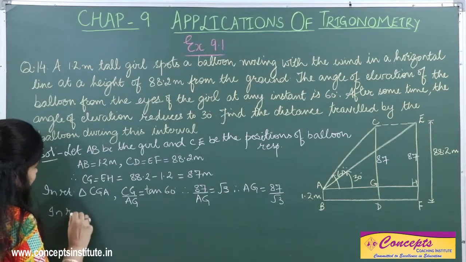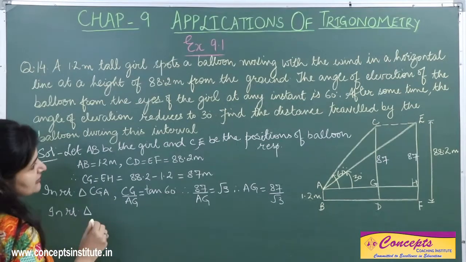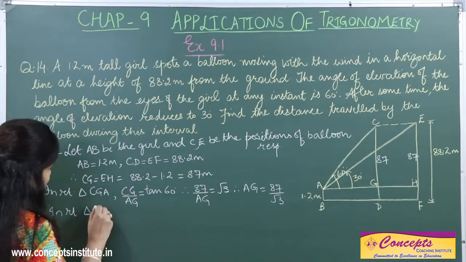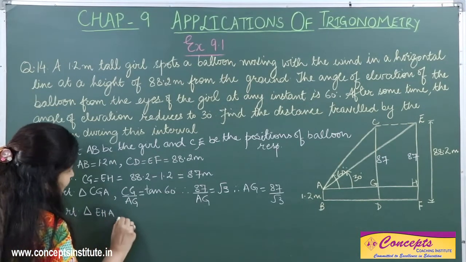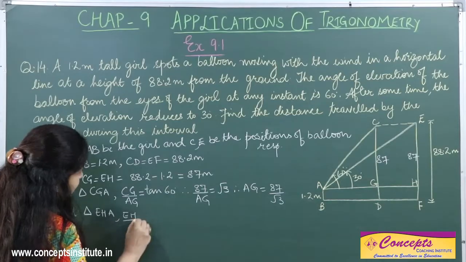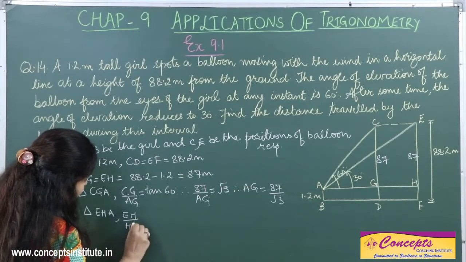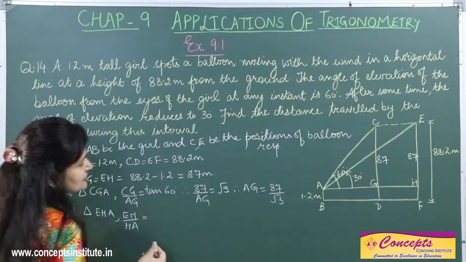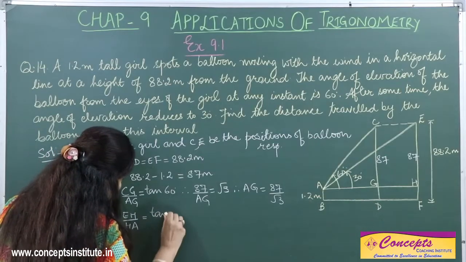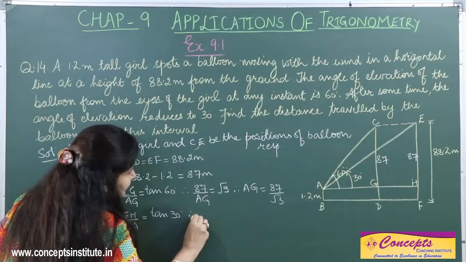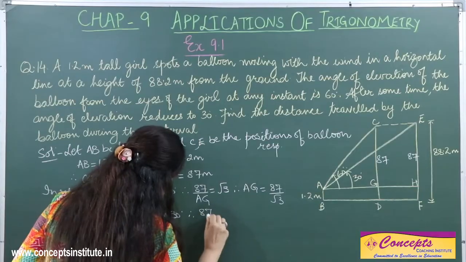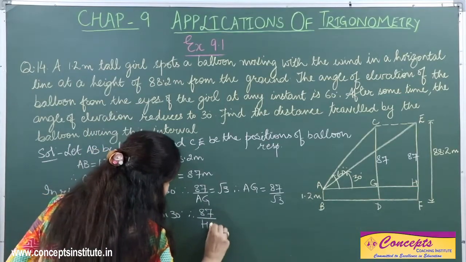Similarly, in right triangle EHA, we have EH upon HA, or we can say AH, that is equal to tan 30. Now EH we have already found out, it would be 87 upon HA.